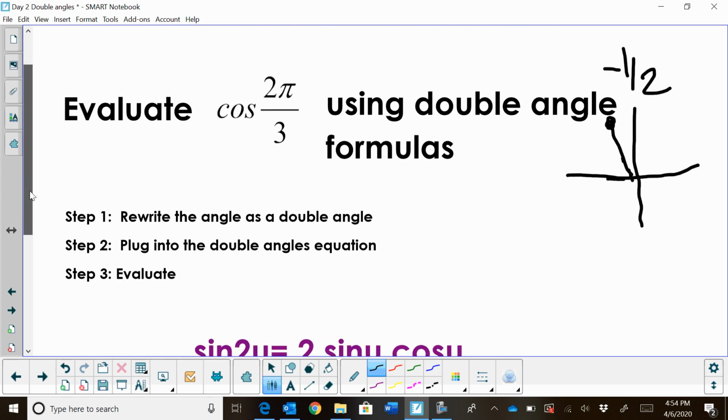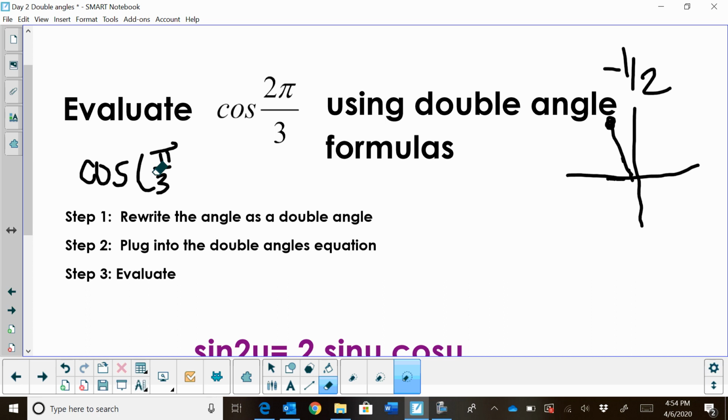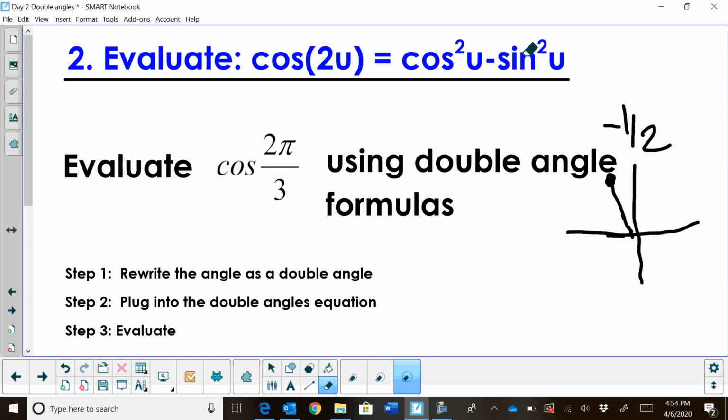So when we expand it, let's rewrite it with the angle written as a half angle. We're going to use our formula and just take the cosine of half of this angle.